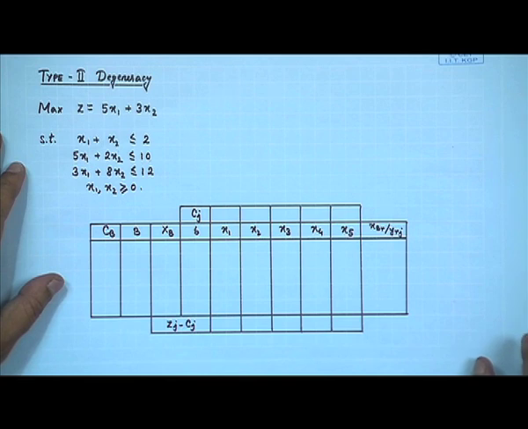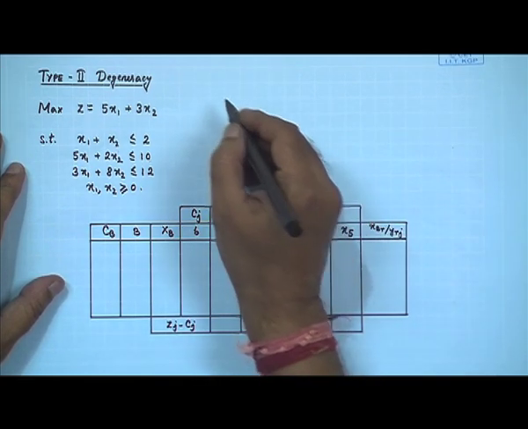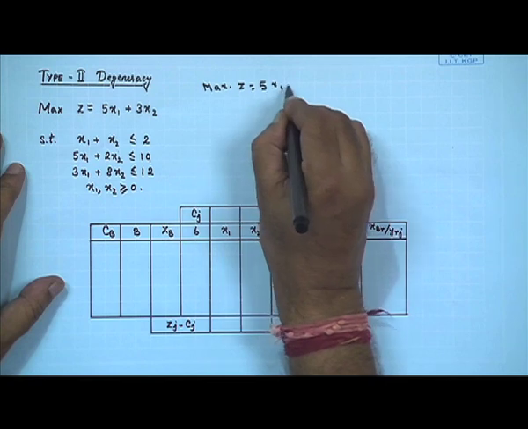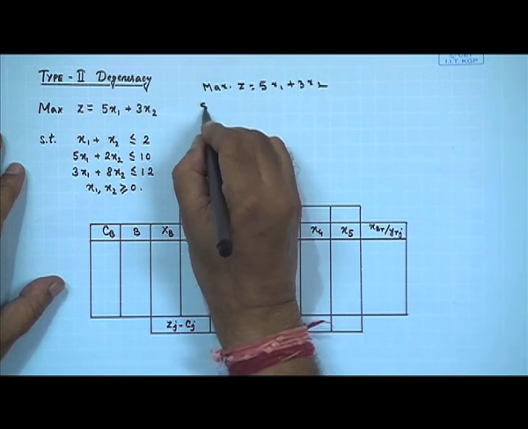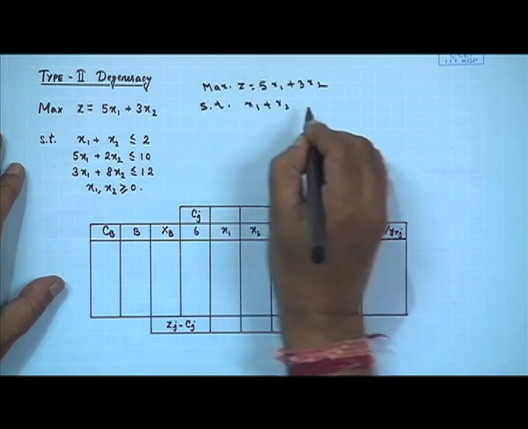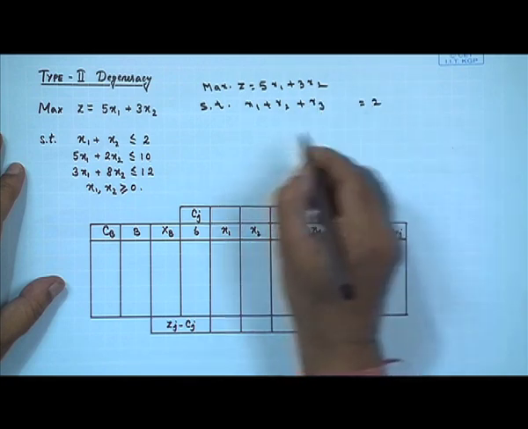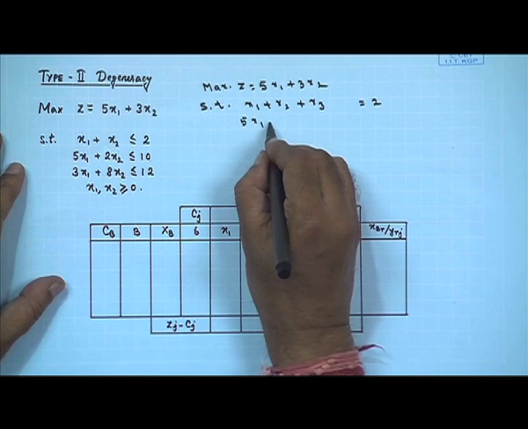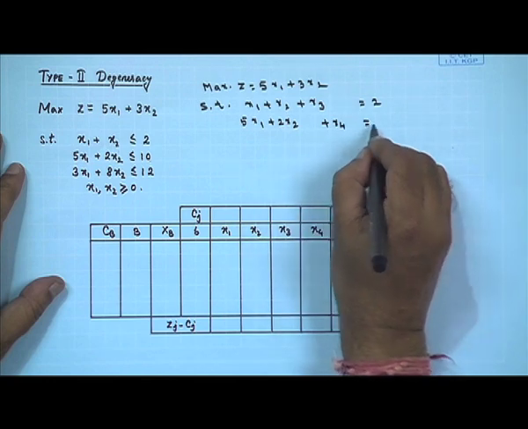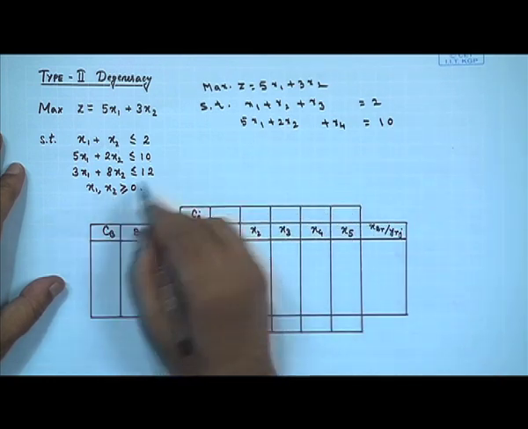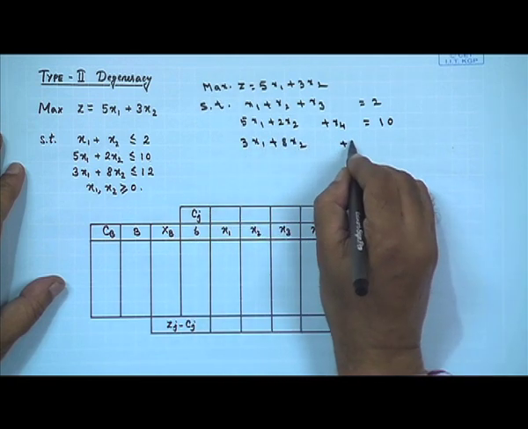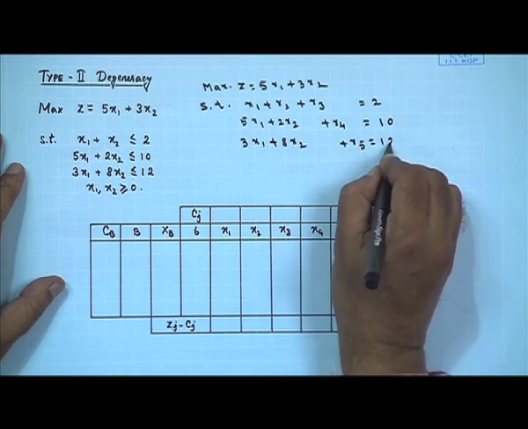So you have to introduce three slack variables, so that in standard form we can write: maximize Z equals 5x1 plus 3x2 subject to x1 plus x2 plus x3 equals 2, then 5x1 plus 2x2 plus x4 equals 10, and 3x1 plus 8x2 plus x5 equals 12.